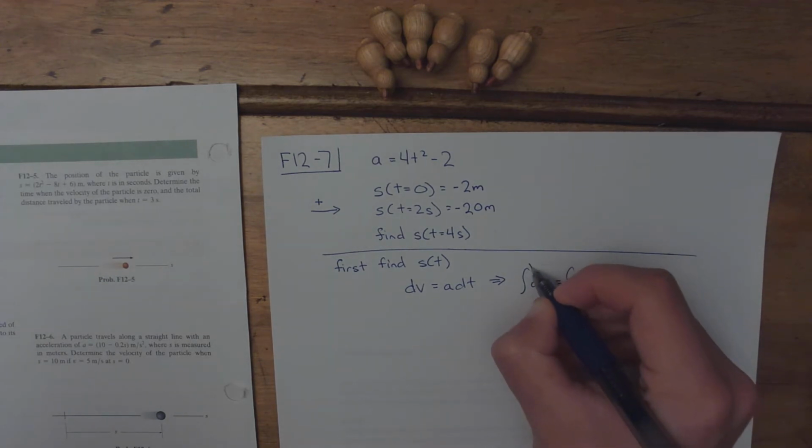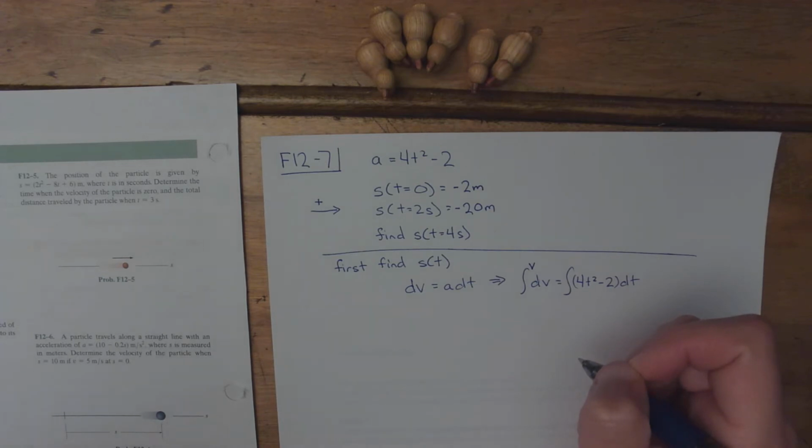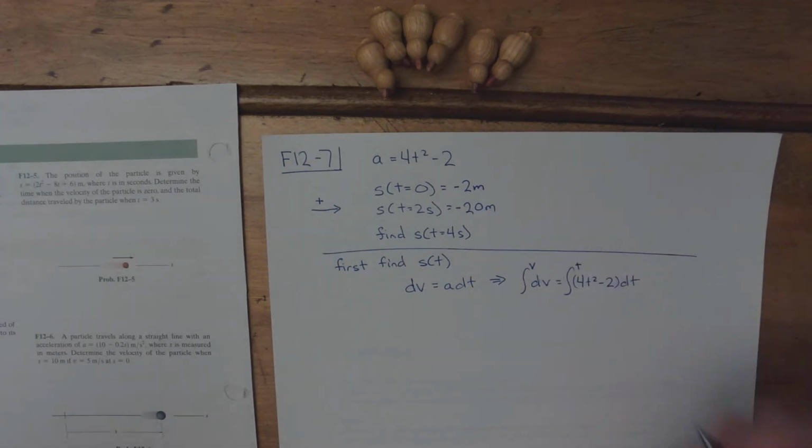So the upper limit of integration, I'm just going to call it v, and this isn't a specific value of the velocity. It's going to give me the velocity at any time t, which I could plug in any value of t that I want to get the velocity at that time.